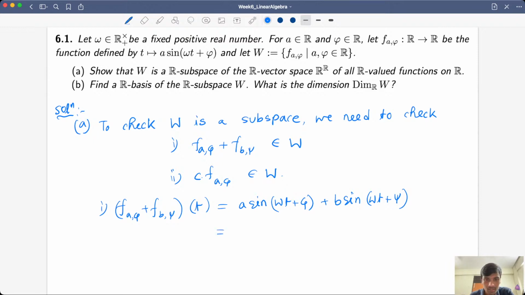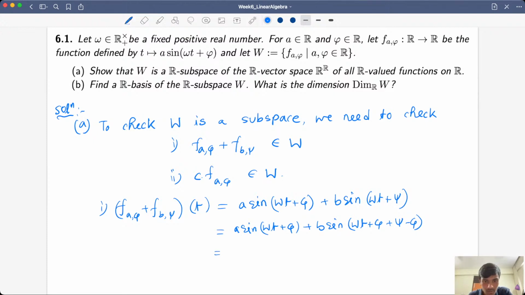So I'll just use it here, sine omega t plus phi, and this I will change, like b sine omega t plus phi plus psi minus phi. This is still omega t plus psi, and this I can break by the sine sum formula.